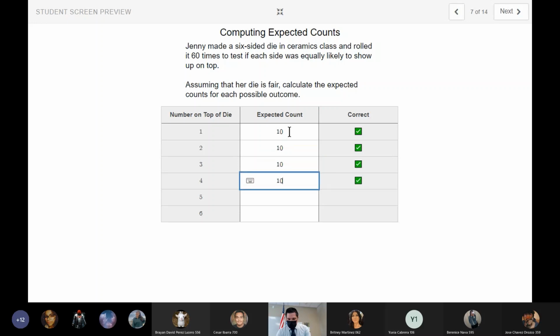They're all 10. Okay, each side should be equally likely, meaning we should get 10 of each side expected. All right. Is there anything I can clarify about this? Because there will be times where you're not told specifically what the thing is you need to multiply or divide by to get the expected count, but it will be implied in the context.